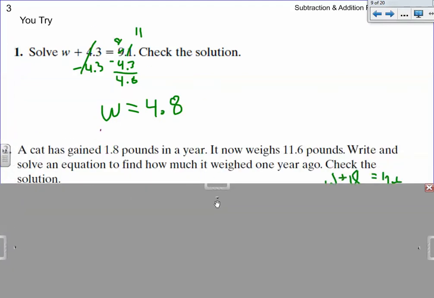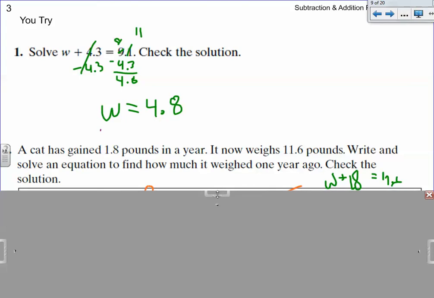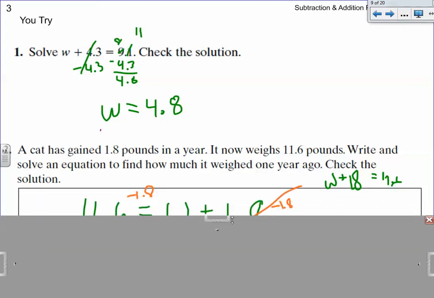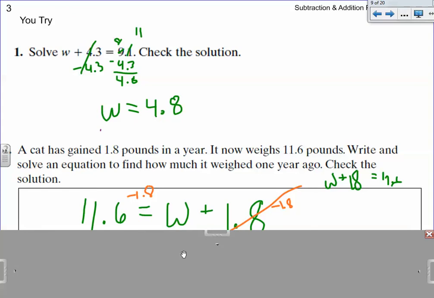All right. Our other one is talking about how much did our cat weigh last year. So my equation is going to be my end product is 11 6/10 pounds. So I know that 11 6/10 has to be equal to whatever it weighed plus 1 8/10 pound.